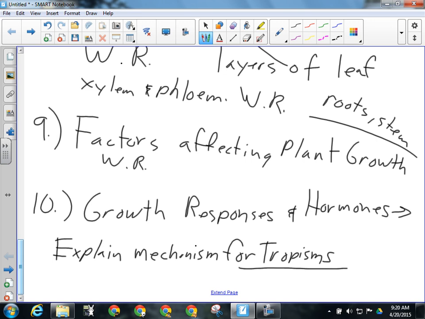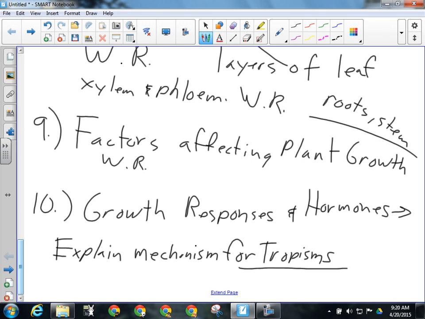That's the good news though, is that the mechanism, how they all happen, is the same. What causes them to happen is different. It's either light or gravity or touch, but how they respond, how they bend their stem is the same no matter which type of tropism is going on. So you only have to remember that once.